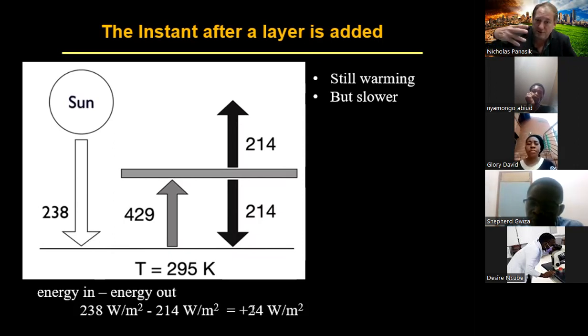And we went up in temperature, I think 275, and then it was only accumulating at 88 watts per meter squared. Now we've moved further up in temperature, but now the difference in energy is less, so our accumulation of energy is less. Now we're at only plus 24, okay?